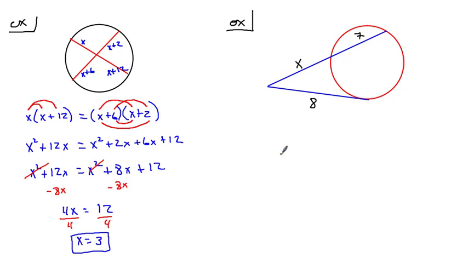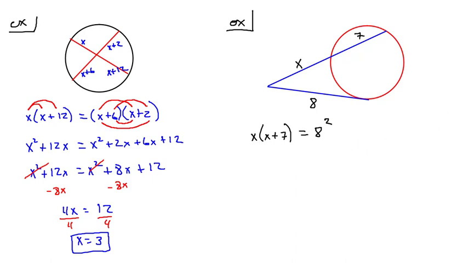So this is an example of where we do the outside times the whole equals the outside times the whole. So our outside, x, times our whole, x plus 7, equals our outside, 8, times our whole, 8, so 8 squared.